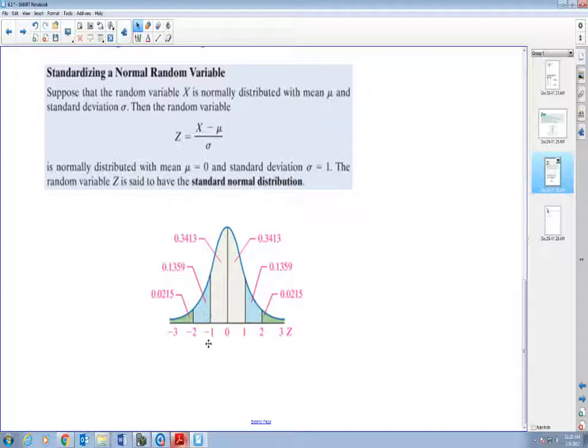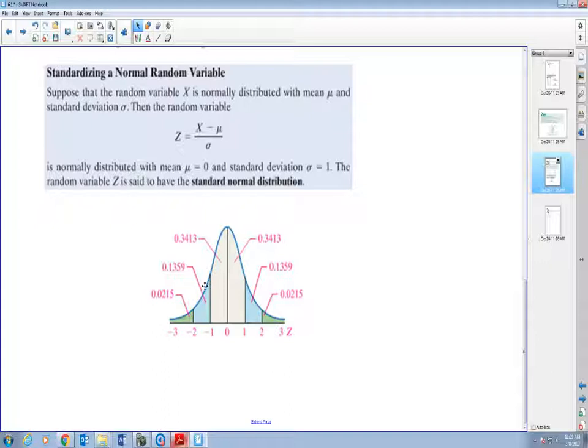To the right 1, to the left 1 standard deviation away. To the right 2, to the left 2, or to the right 3, or to the left 3 of the standard deviation. And we can see 1 standard deviation to the right or left, together the center was the 68% under the empirical rule.